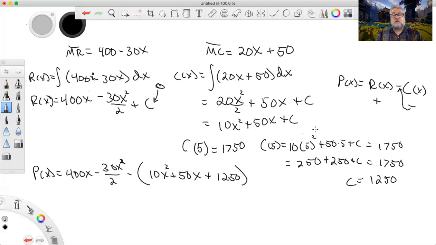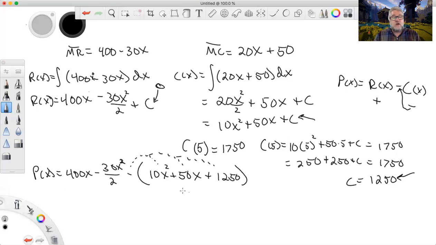Our integration constant here, I plug in what we calculated for it. And this gives us our whole profit function. And you got to remember the mistake people make is they forget the parentheses. This negative has to get multiplied into every term now. Okay? Must, because cost is a loss. So all the terms inside it that are positive have to become negative.